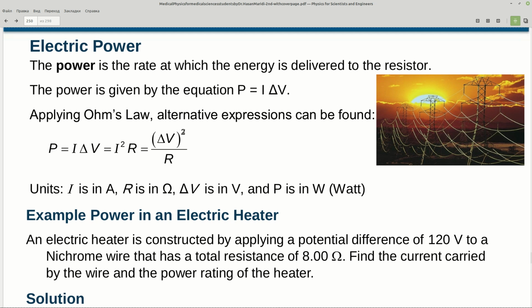Because it's a big resistance, we are starting to take thermal energy from it. So we need to find the current carried by the wire and the power rating of the heater.